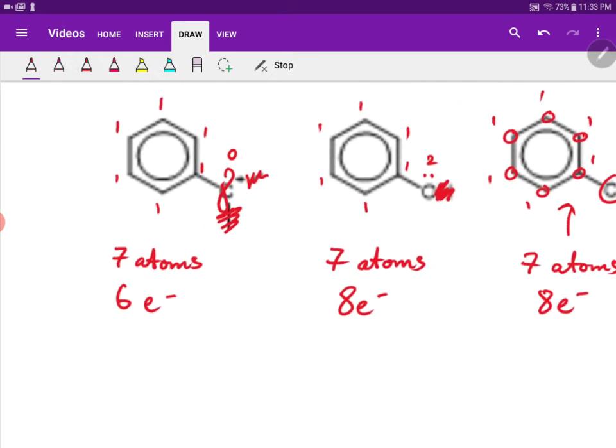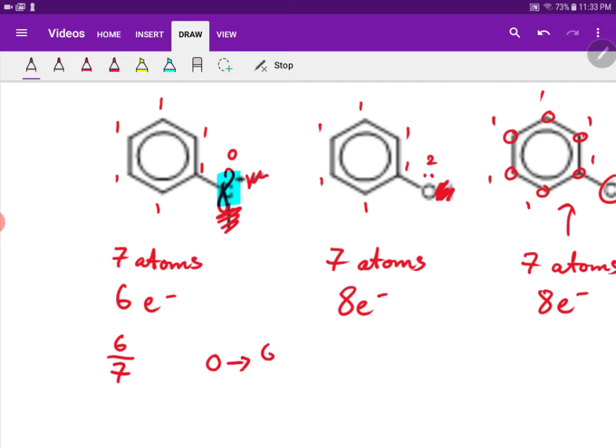If I have 7 atoms and 6 electrons, the final electron density of all my atoms will be 6/7. So I take the number of electrons divided by the total number of atoms. As you can see, this carbocation started off with 0.